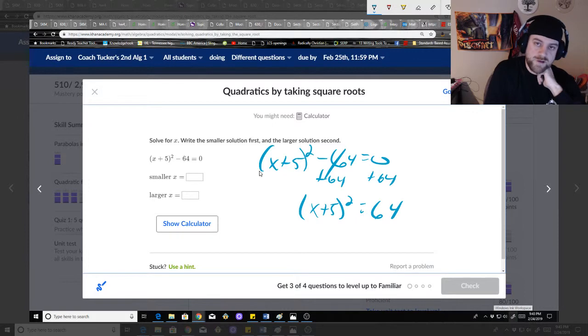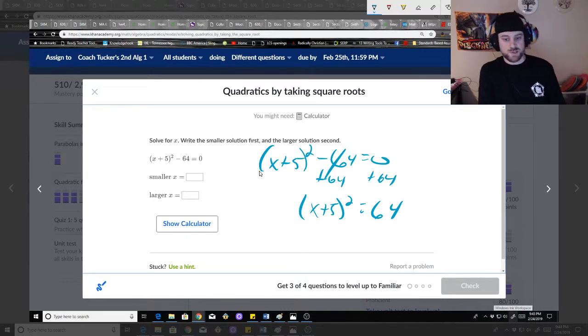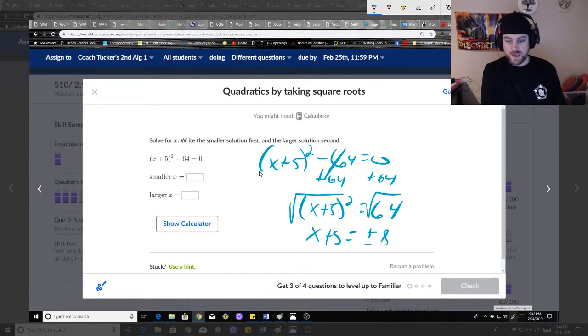We can't subtract 5 right now. We need to take the square root first because it's outside the set of parentheses. So we're going to take the square root of both sides first. This is something a little newer, but it's still nothing terrible. Remember, square root of 64 is plus or minus 8. And then you subtract the 5 over, but notice what happens here. You have x equals negative 5 plus or minus 8.